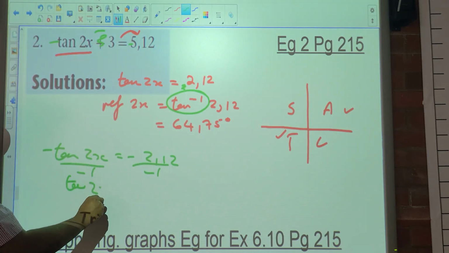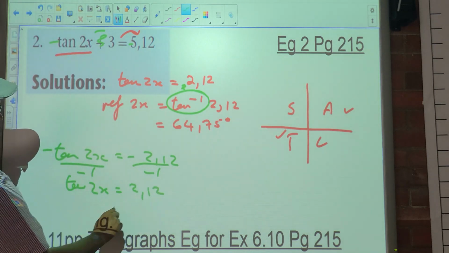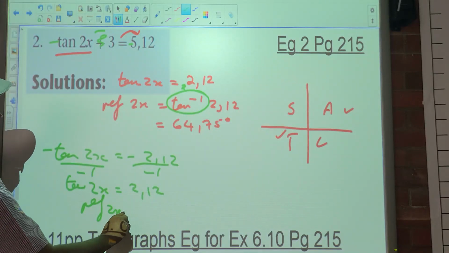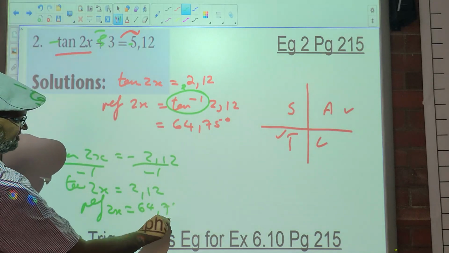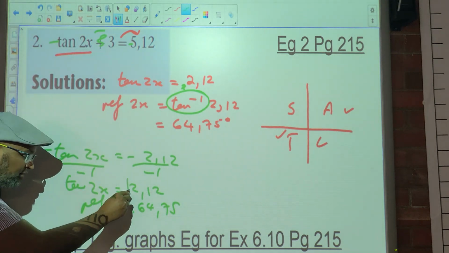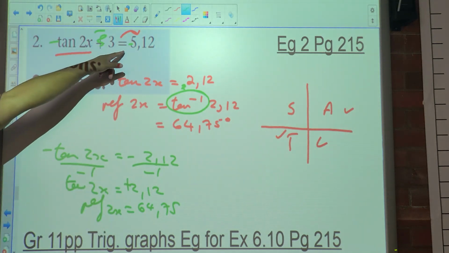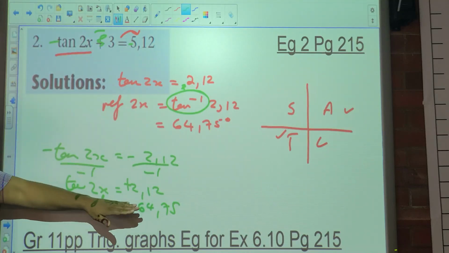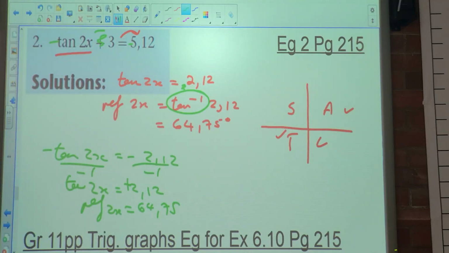So tan of 2x is now equal to 2,12. When I work out my reference angle, I get 64,75. So I ask myself, in which quadrant is tan positive? Although the original sum was negative, I take a look just before I took that reference angle. Any other questions?